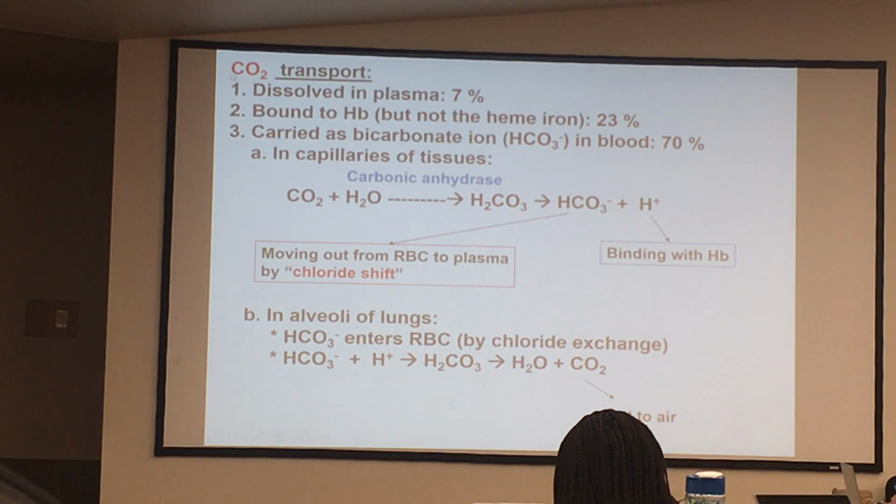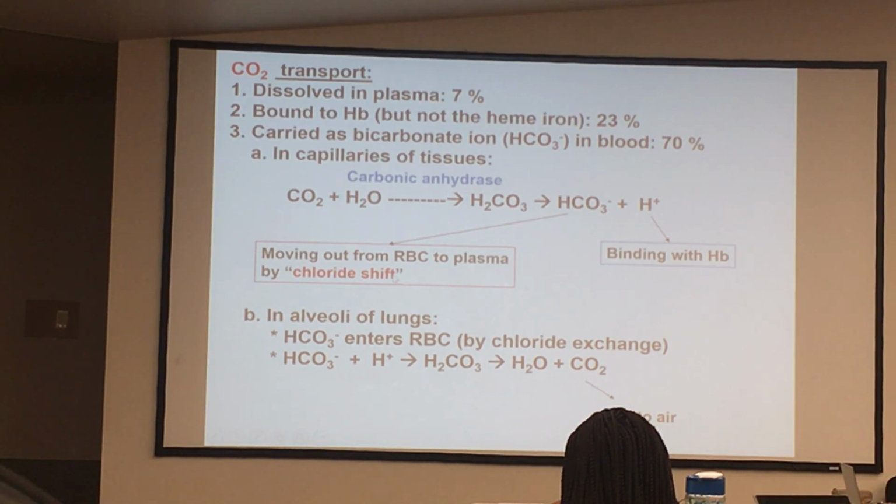And so CO2 transport has three forms, but we focus on number 3 here, how they carry CO2. It goes into the red blood cell, binds with water, and we have carbonic anhydrase, called CA. Okay, carbonic acid, bicarbonate ion, and hydrogen ion. The hydrogen ion binds to hemoglobin, and the bicarbonate ion will move out from the red blood cell to the plasma, and we call that the chloride shift.